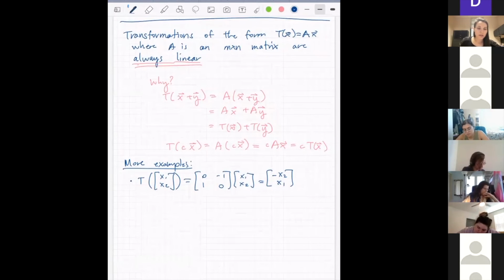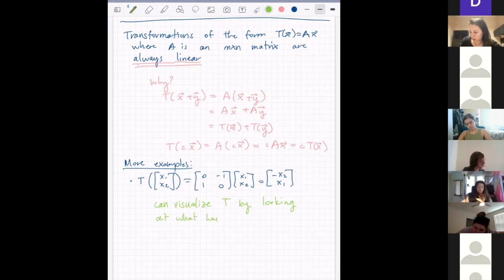Okay, now it will be useful to visualize this transformation T by looking at just what happens to the unit square in R2. And we'll just introduce some notation that will be useful.